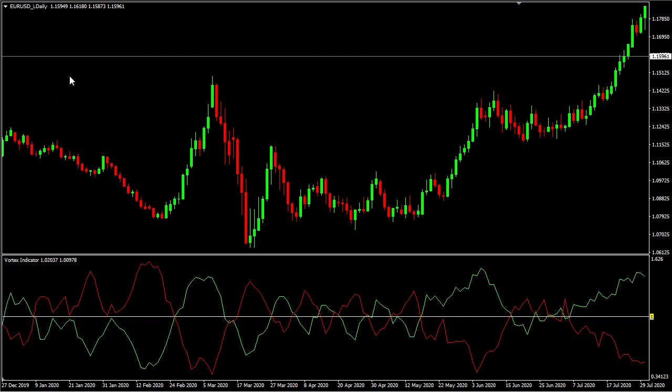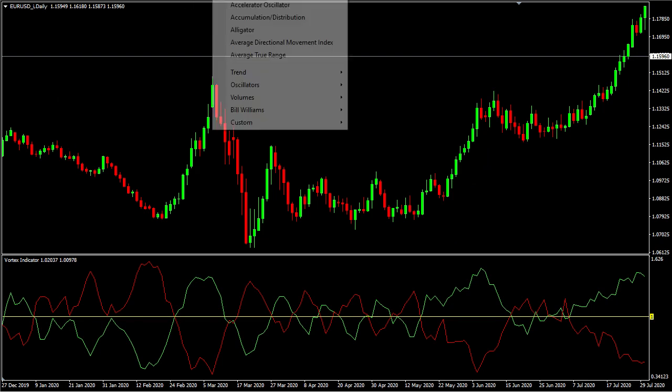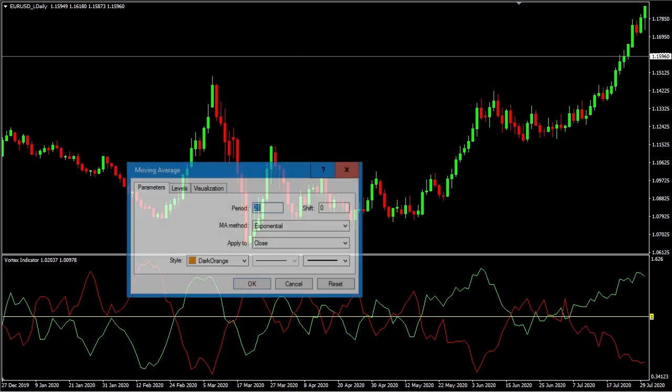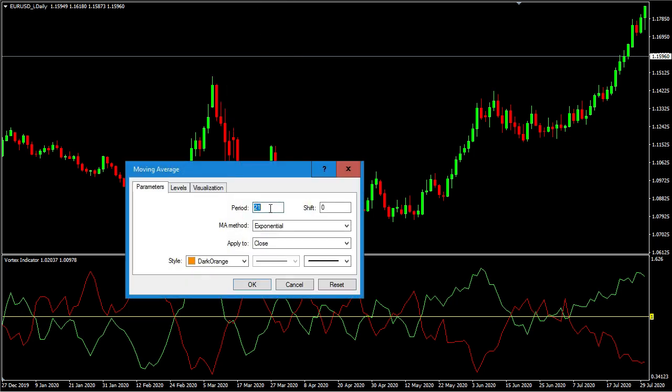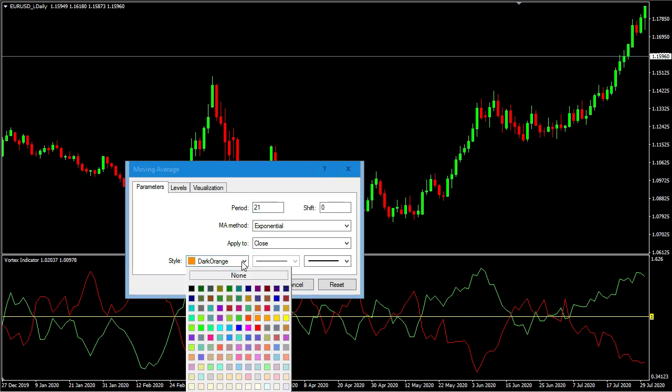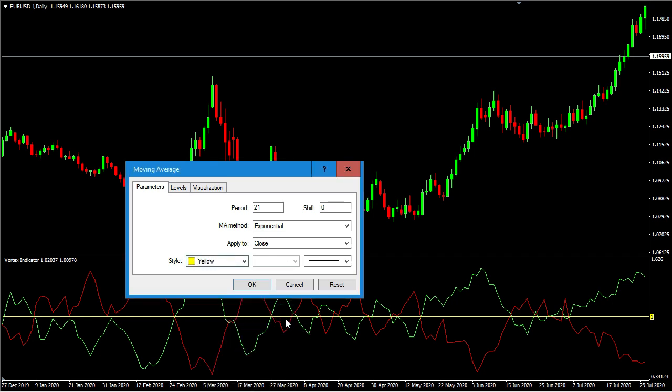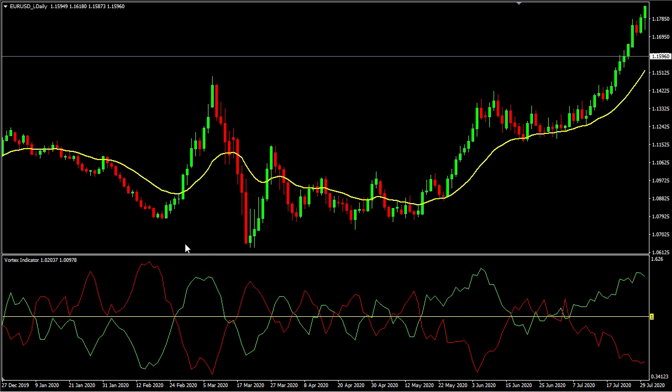you add a moving average to it. You put a moving average 21 period and give it a dark orange color or whatever you like. This is the dark orange, or if you like you can give it yellow color and click OK, right?